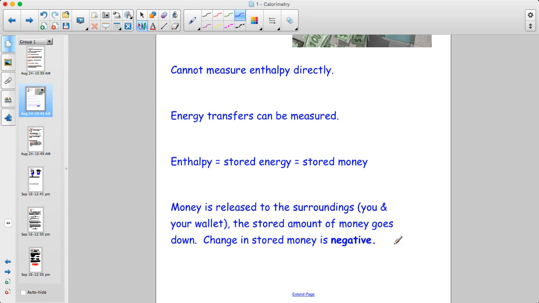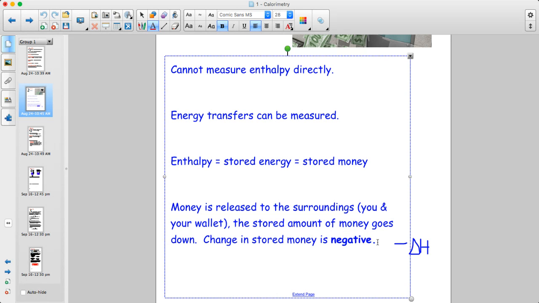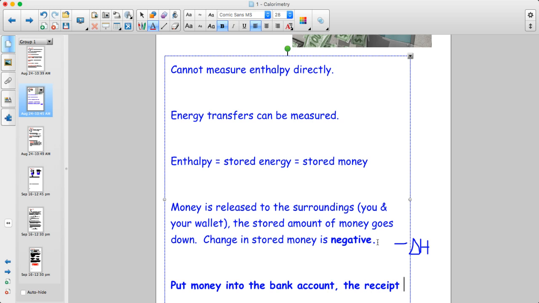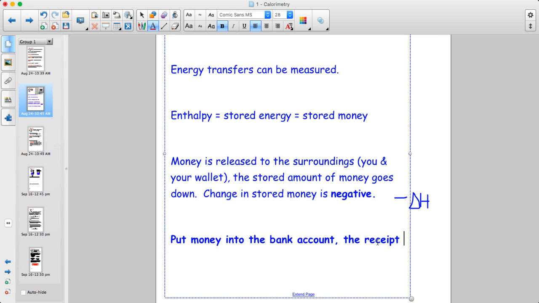So negative delta H. Just like you'd get a negative change on your bank account, when you have a reaction that releases heat to the surroundings, the amount of stored energy after that reaction is less than it was before it, and that's why the change is negative. Going back to the analogy, just real fast to wrap it up, it works the other way as well. If you were to put money in, the receipt would show that the amount of money in the account had increased.